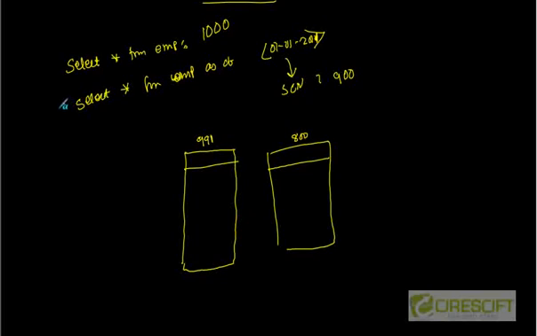So whenever I do a select star from EMP as of SCN number 900, I'm not going to consider this first one as is. Rather, I'll reconstruct the equivalent block with respect to an SCN number of 900. That means I'm going to go to the undo segment and figure out what the value was at SCN number 900. Then when I see the SCN number 800, this is fine because we want to find out what happened before SCN number 900. So whatever the results are, I'm going to take those.